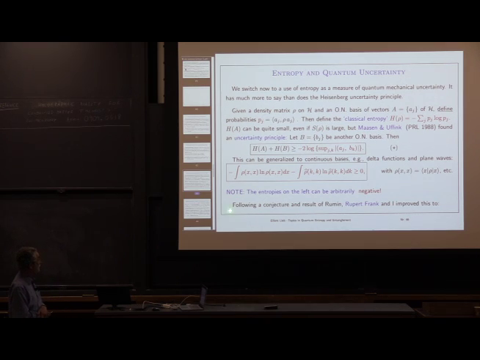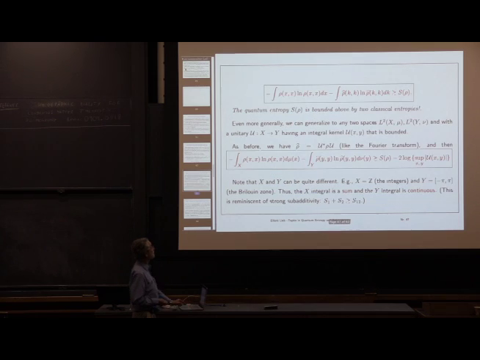Okay. Now, Lieb made a conjecture which Rupert Frank and I picked up, and we improved this to the following. That this sum, which I just finished telling you is positive, is in fact bigger than the quantum entropy of the rho that we started with, the density matrix we started with.